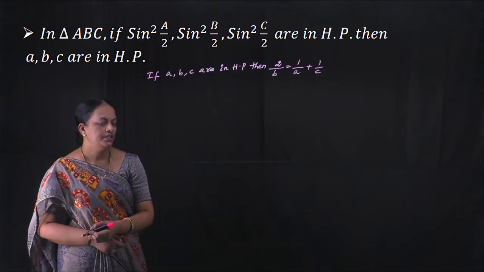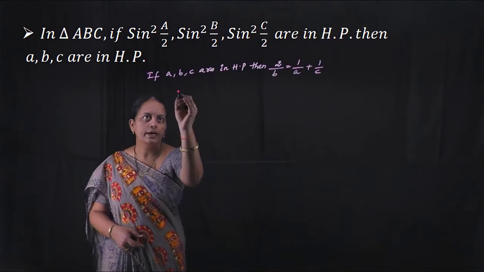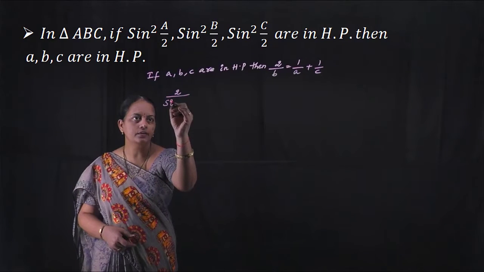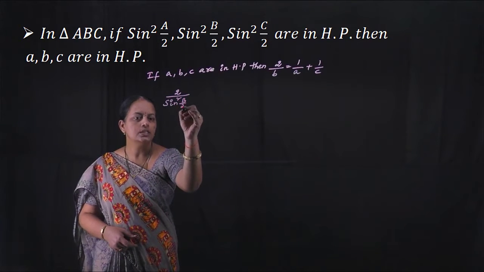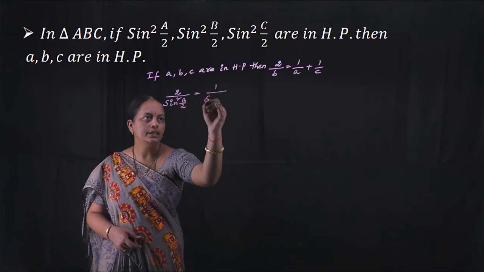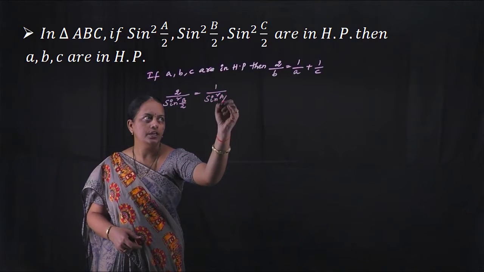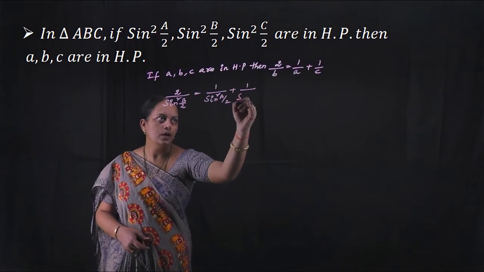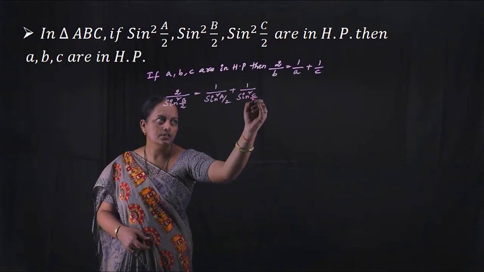By applying this condition, we can write 2/sin square B/2 is equal to 1/sin square A/2 plus 1/sin square C/2.